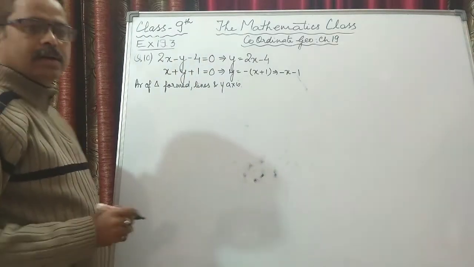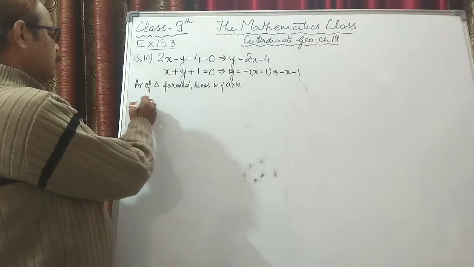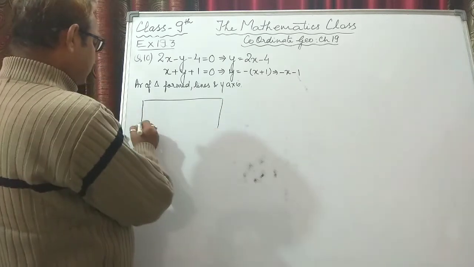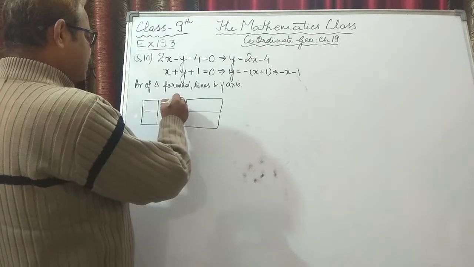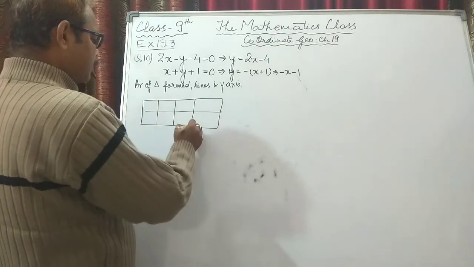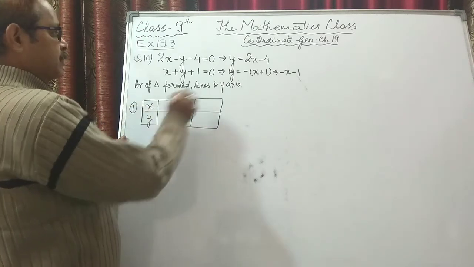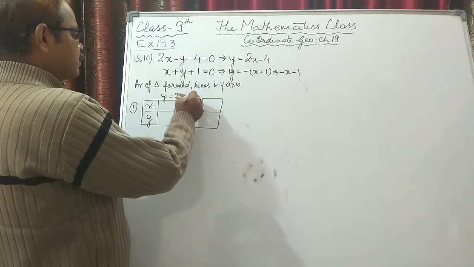Now we will make the table of the first equation and the second equation. For the table, we will take different values of x, at least 3: 0, 1 and minus 1. This is x, this is y for the first equation, y is equal to 2x minus 4.